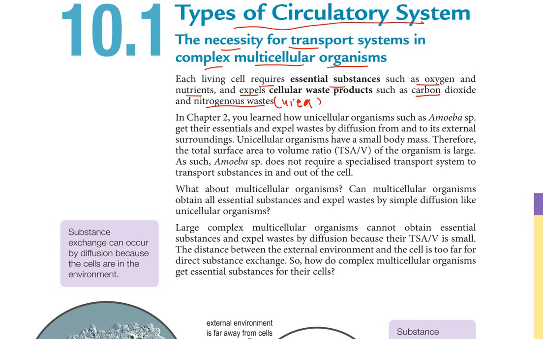Essential substance means substance that we need for, for example, cellular respiration. So we need oxygen, and nutrients for what? You still remember we have learned about assimilation in the digestive system, right? And expels means we have to remove, such as carbon dioxide and urea.